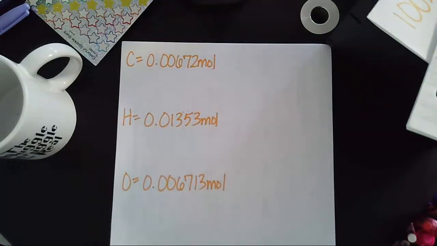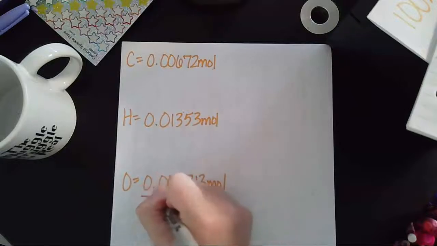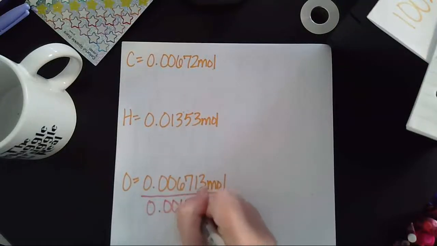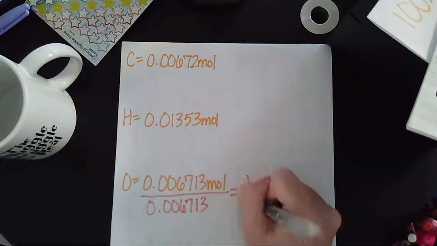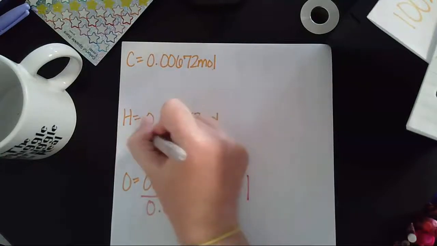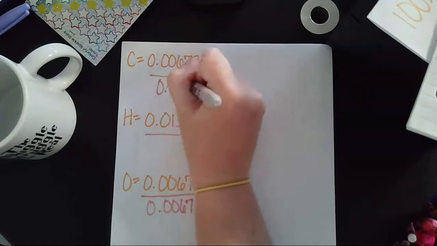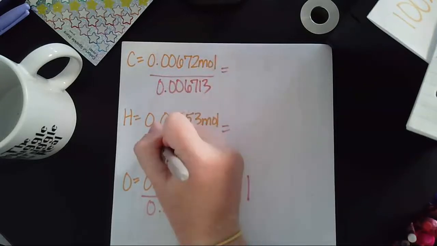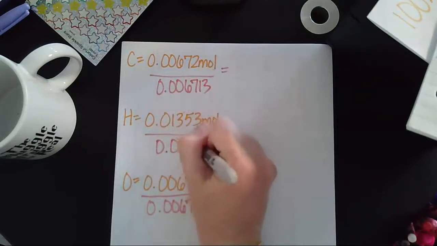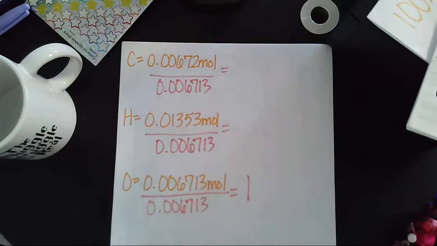So what we are going to do is divide each of our numbers by that smallest number. So obviously this ends up being 1. But for these, we actually have to do the math. 0.00672 divided by 0.006713.